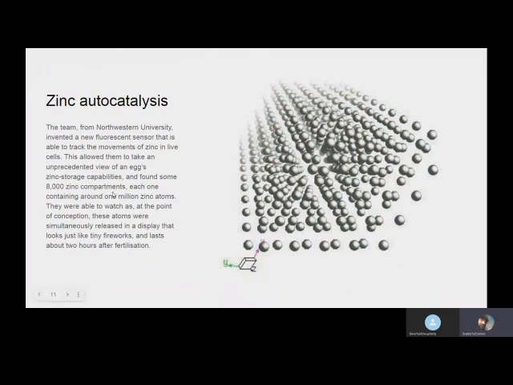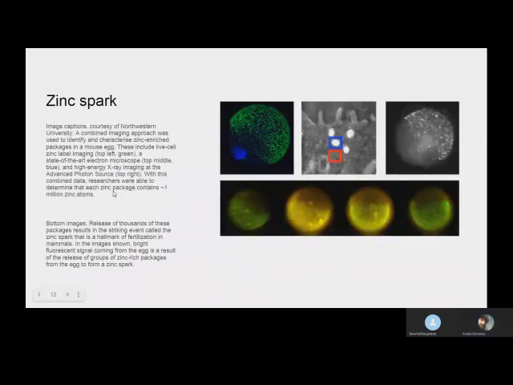They were able to watch as at the point of conception, these atoms were simultaneously released in a display that looks just like tiny fireworks and lasts about 2 hours after fertilization. Interesting. So the zinc spark. Here's the image captions courtesy of Northwestern University.